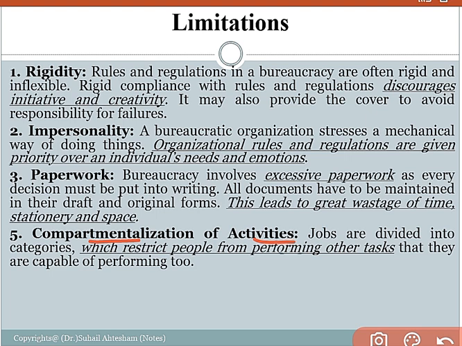There will be no shifting of jobs, no job rotation in the organization. So it will make a compartmentalization of the employees, in that a particular employee is only efficient in his particular field. So there may be no job rotation in the organization, which may cause compartmentalization of the activities in the organization. So this is the limitation.